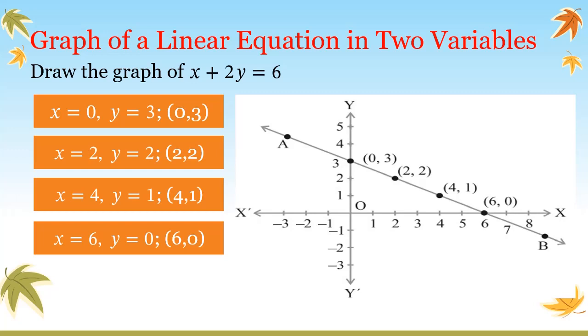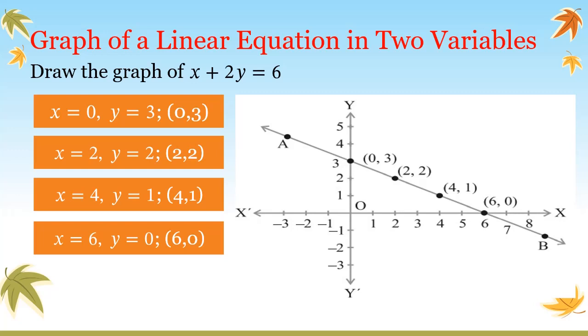Okay. Now, when we put x equals 0 in x plus 2y equals 6, we get y equals 3. At x equals 2, y equals 2, x equals 4, y equals 1, x equals 6, y equals 0. We get four ordered pairs: (0, 3), (2, 2), (4, 1) and (6, 0).